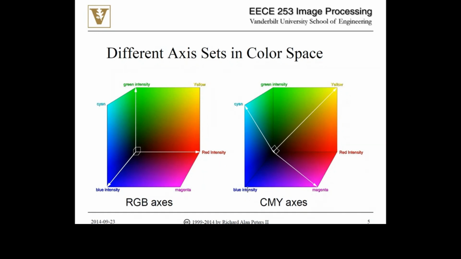So this RGB coordinate system we are used to, and here what we have are the three planes: this would be the red-blue plane, this is the blue-green plane, and the green-red plane. And what we have is all the colors that are on those points. So let's go back to our drawing.